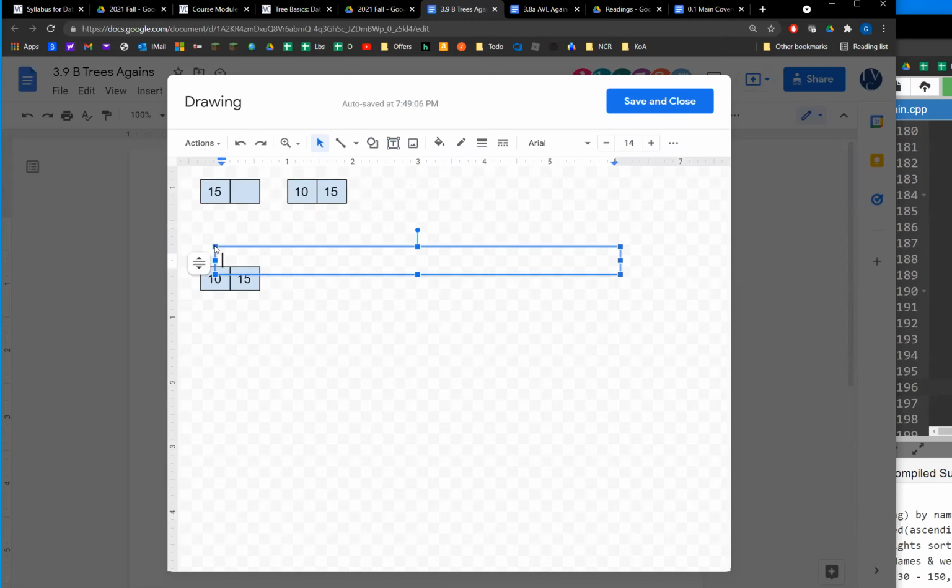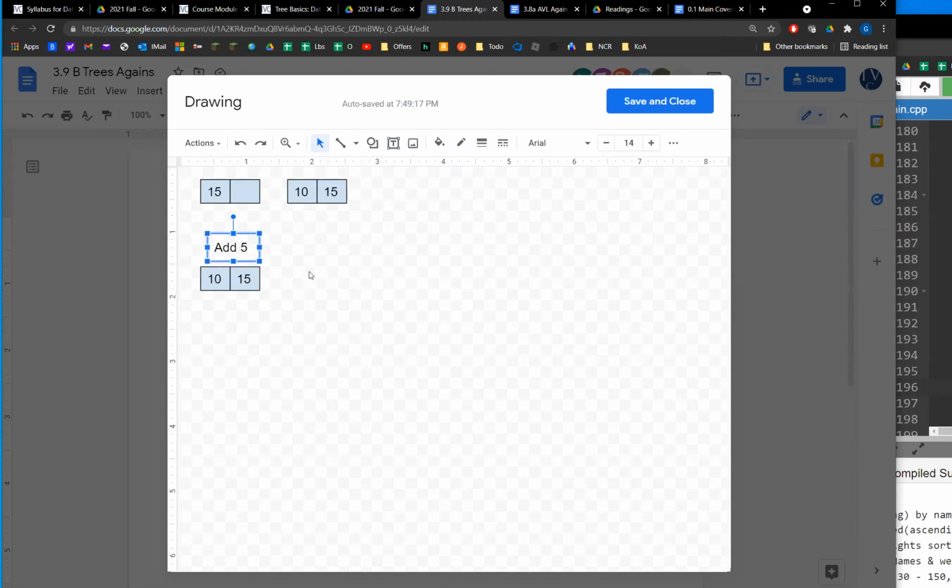All right, so let's do 3 alternatives. We go ahead and add 5. From this point, adding 5 wants to put 5 to the left of 10. There's no room for it. The middle value gets promoted.